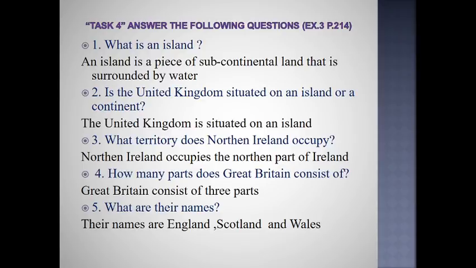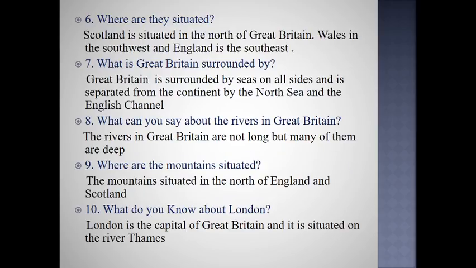Great Britain consists of 3 parts. What are their names? Their names are England, Scotland, and Wales. Where are they situated? Scotland is situated in the north of Great Britain, Wales in the southwest, and England in the southeast.